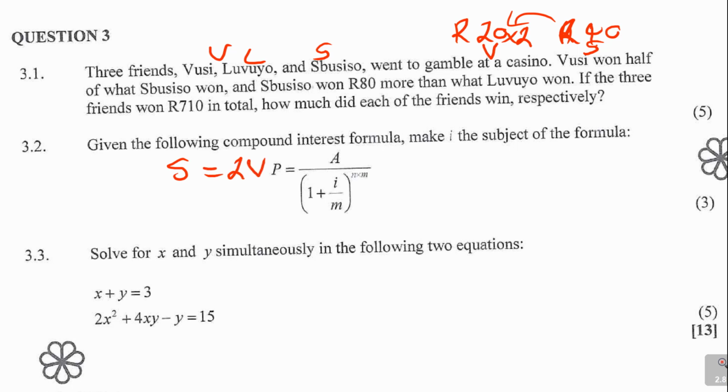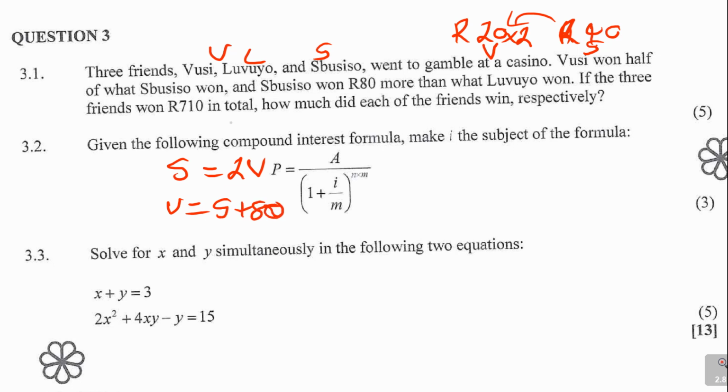And then Sbusiso won 8 rand more than Luvuyo. Now Sbusiso is 8 rand more. What does this mean? If you win 8 rand more than, it will be Sbusiso is equal to Luvuyo plus 8 rand.